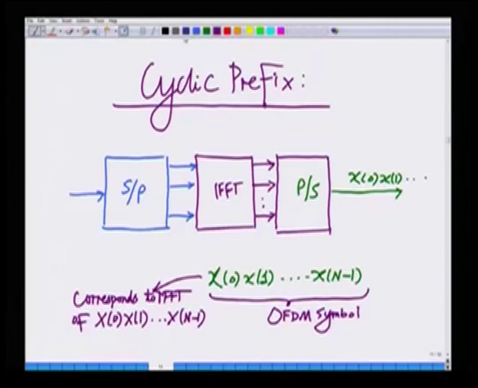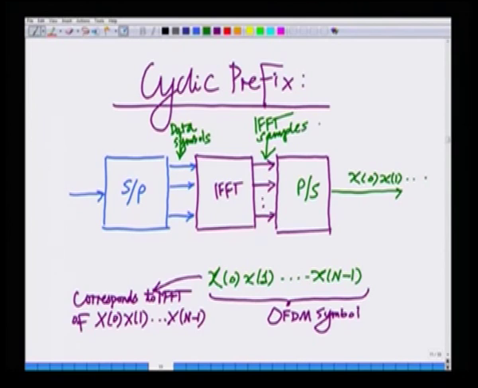So, at this point I have the data symbols, and at this point I have the IFFT samples.